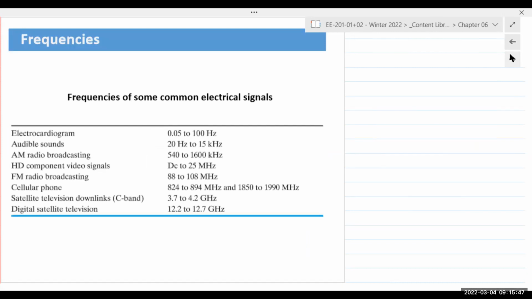Now, this table right here displays the most common frequencies of the signals that we use in everyday life. I've talked about this before too. We are surrounded by electronic signals with variations in frequency all the way from tens of hertz to megahertz, gigahertz, and even terahertz. Each one of these signals, whether wired or wireless, transmits at a particular frequency.